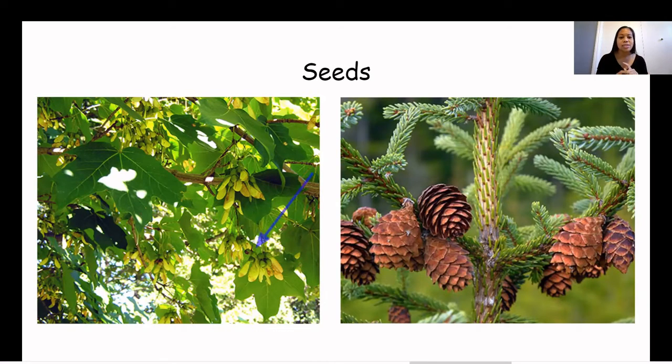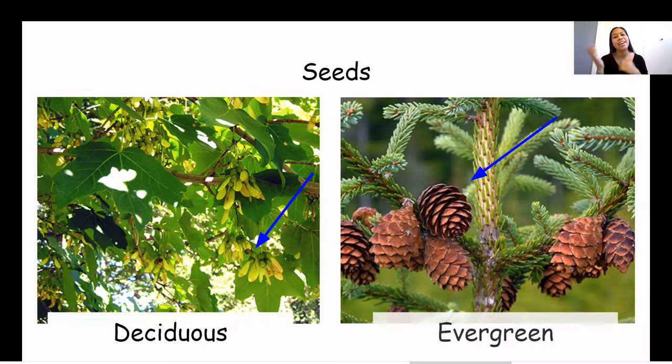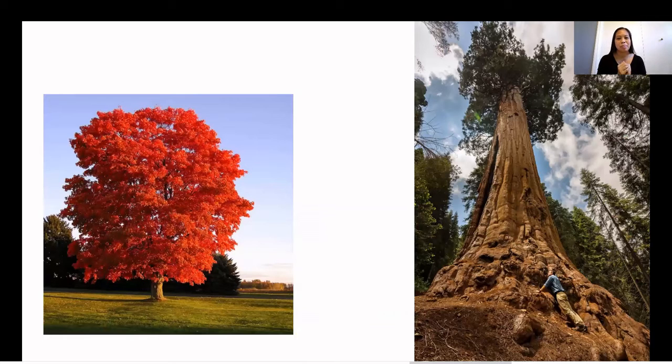On our maple tree, we're going to have these lovely seeds that are all bunched together that will fall. But the evergreen tree will have these pine cones, and in the pine cones are the seeds for the pine tree. So that's one of the differences between the deciduous and the evergreen.